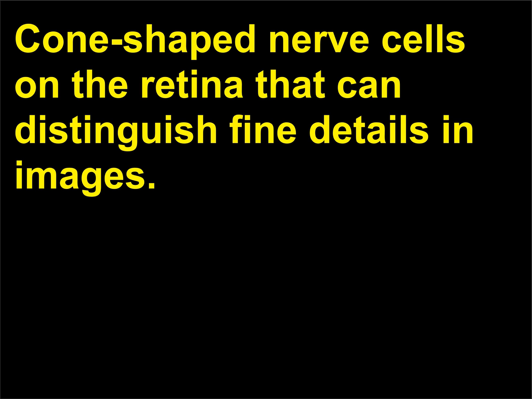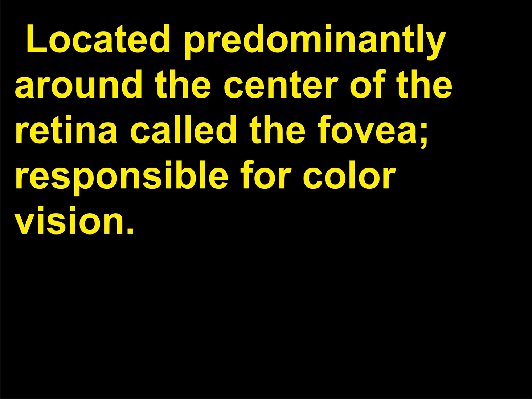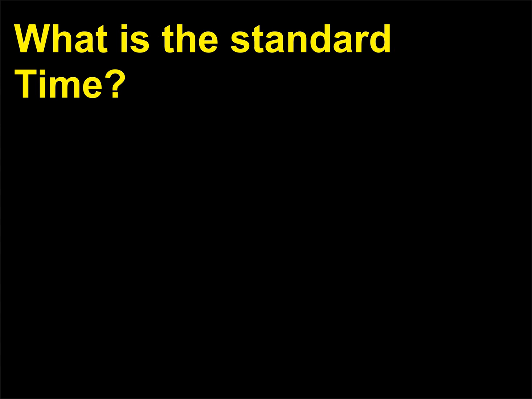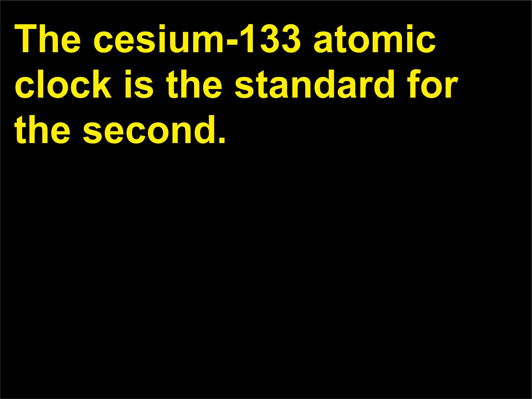Cone-shaped nerve cells on the retina that can distinguish fine details in images, located predominantly around the center of the retina called the fovea, responsible for color vision. What is the standard time? The cesium-133 atomic clock is the standard for the second.